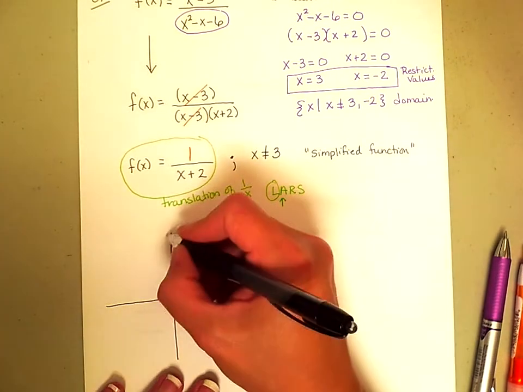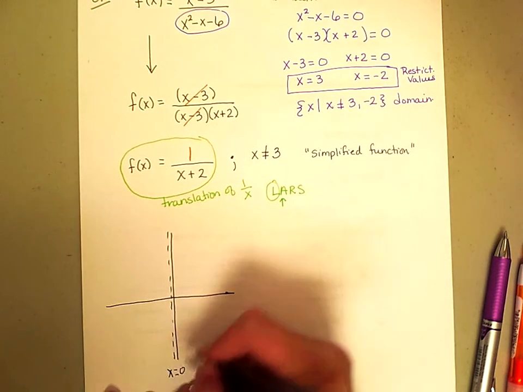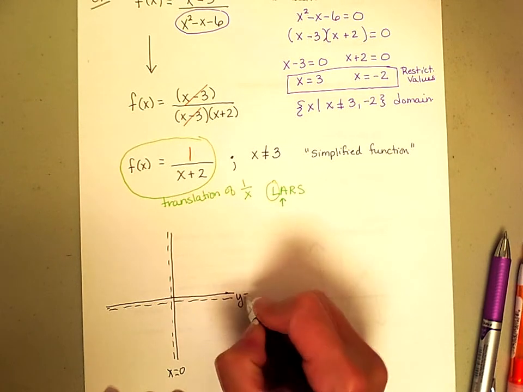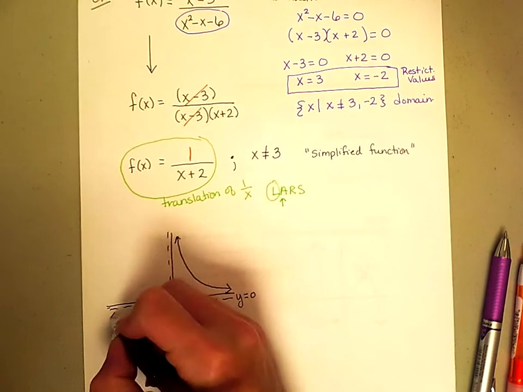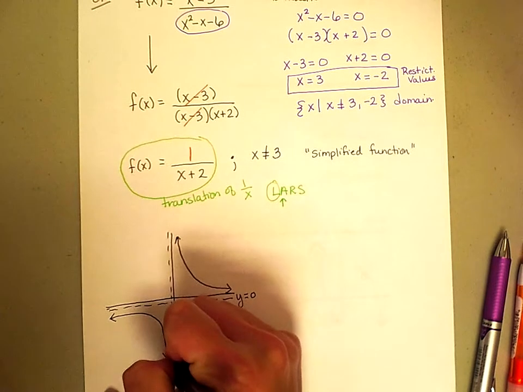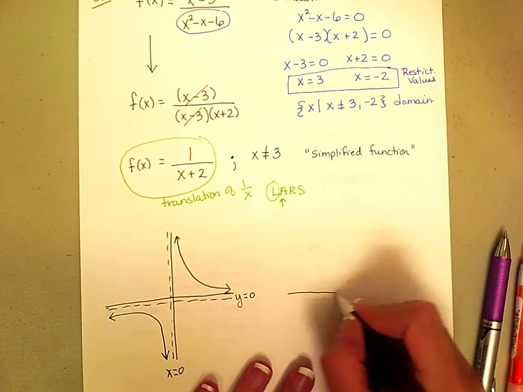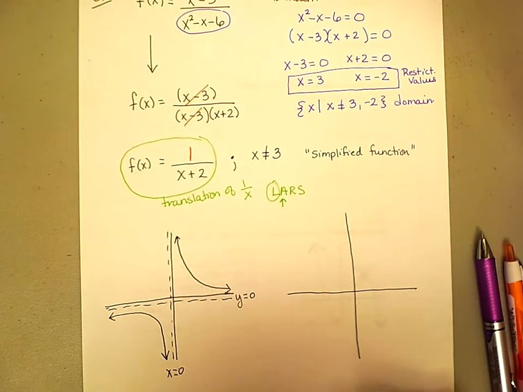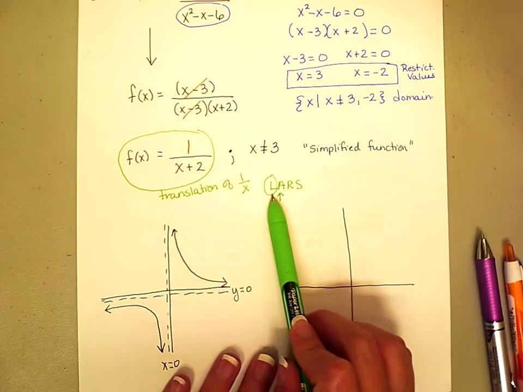So our basic parent function, 1 over x, looks like so. So our translated function has to also move everything to the right. I'm sorry, to the left. We are adding, so we're moving to the left.